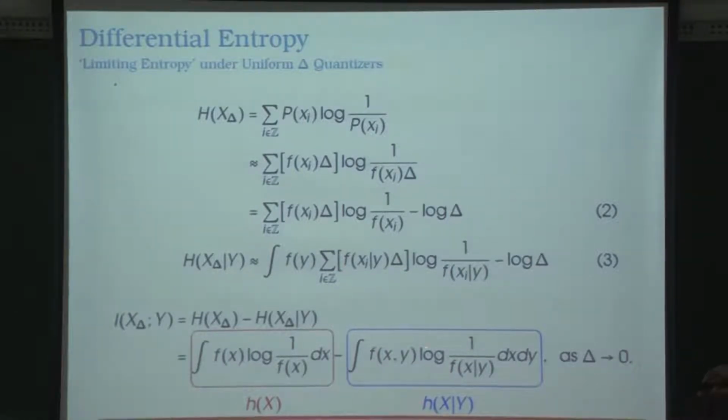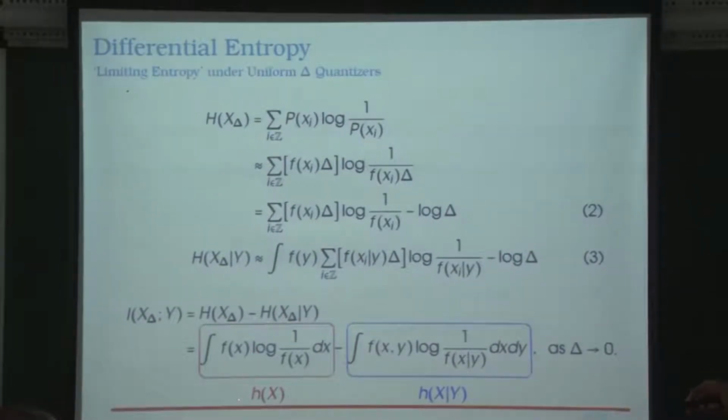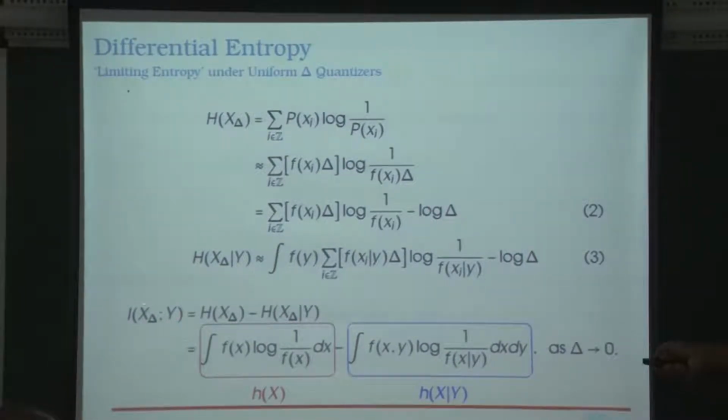This is the conditional differential entropy h(X given Y), right. So it's quite neat, because now you can just compute this integral, h(X) minus h(X given Y) will be the mutual information I(X;Y) that you are looking for, because delta goes to 0, that is the finest partition that you can get, okay, and mutual information goes up with partitions. So eventually you will tend to this answer.